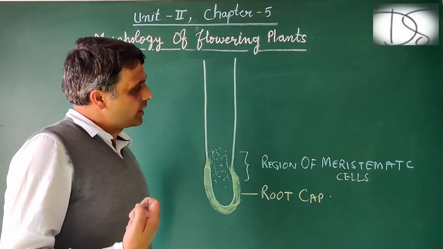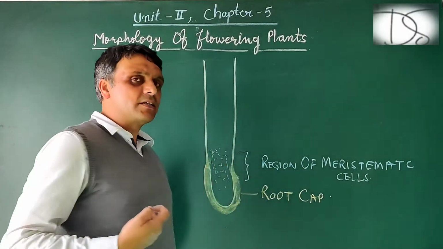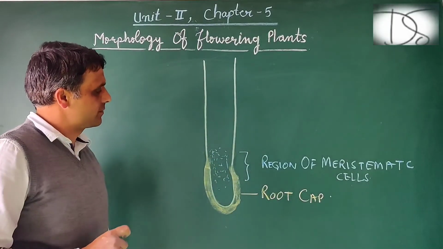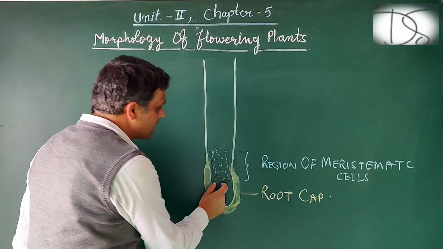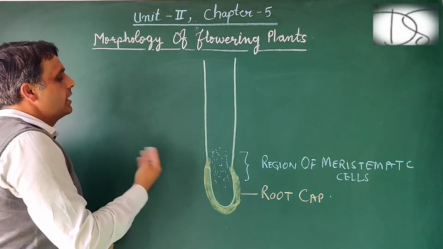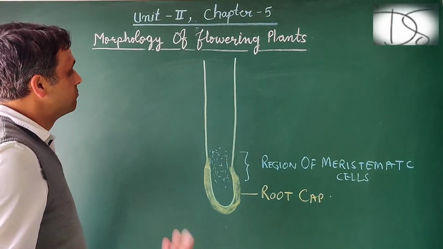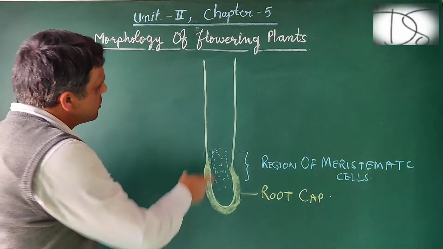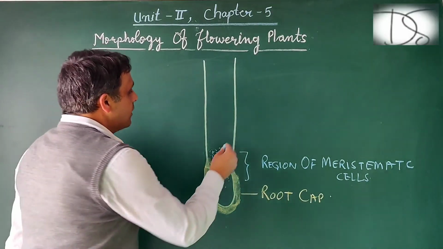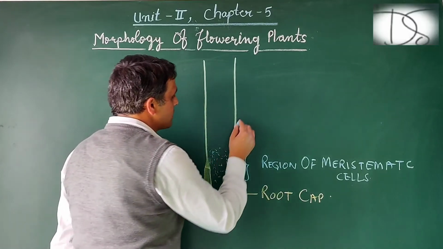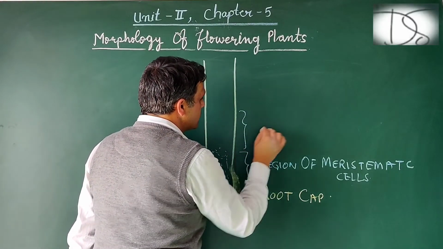We shall be talking about these meristematic cells and meristematic tissues in the next chapter, that is chapter number 6. Here these meristematic cells continuously keep on dividing, and they help in the very vigorous growth of the roots.